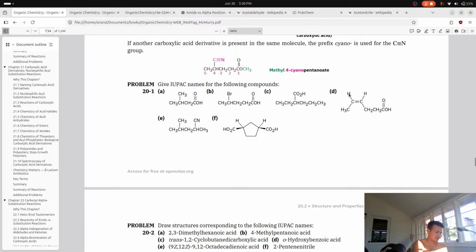That's the one I'm not exactly sure about. Okay, 1, 2, 3, 4, 5. This one's easy. Wait, did I already do this one? Oh wait, I did this one accidentally as A. A is just 1, 2, 3, 4. It's just gonna be 3-methylbutanoic acid.